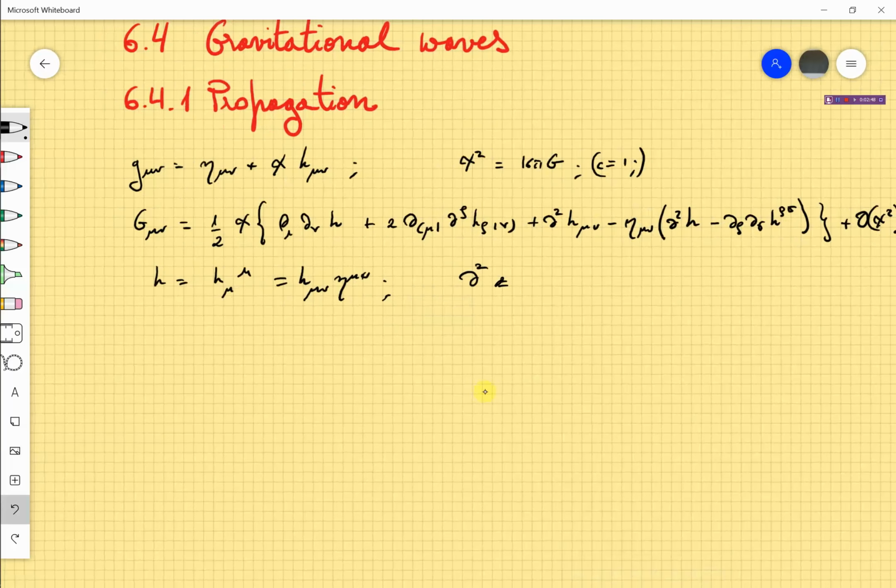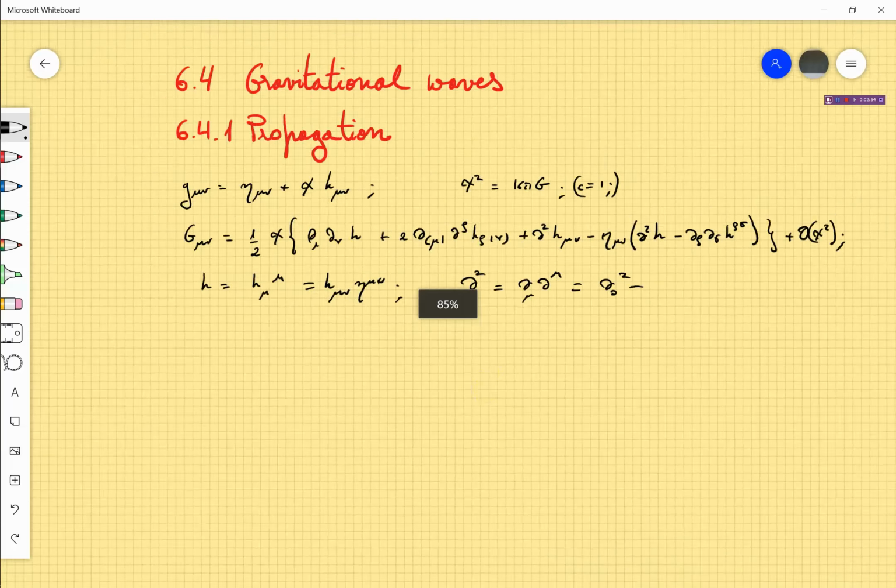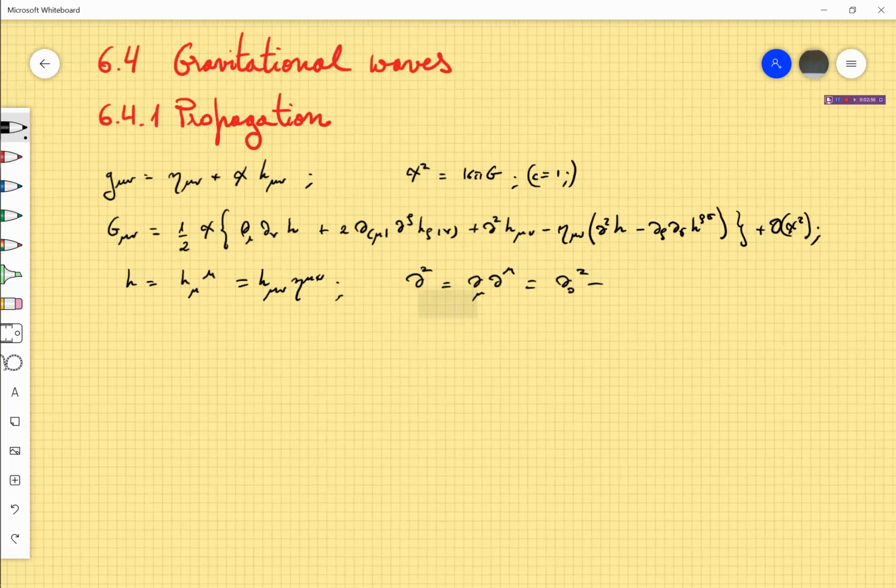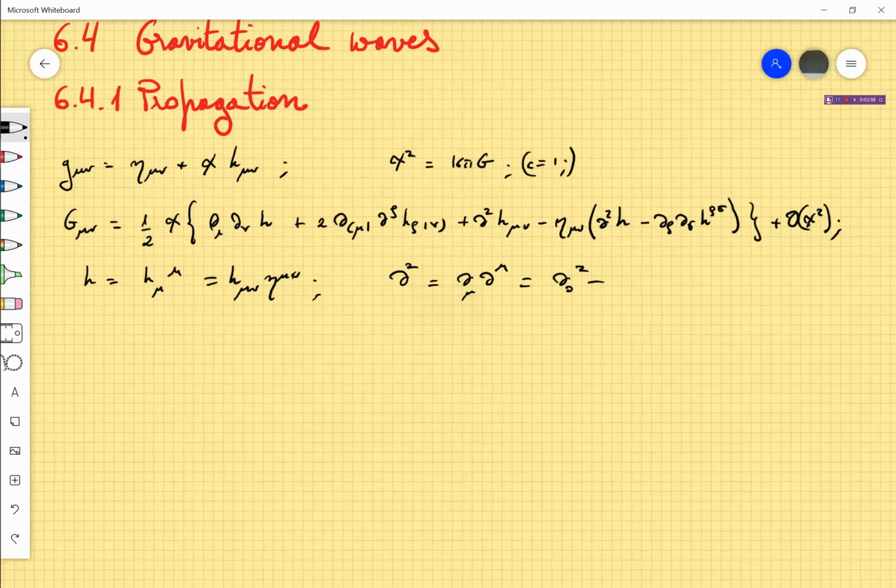So this is just d mu d mu, which is d0 squared minus d i squared. And here in general, I will distinguish between upper and lower indices.